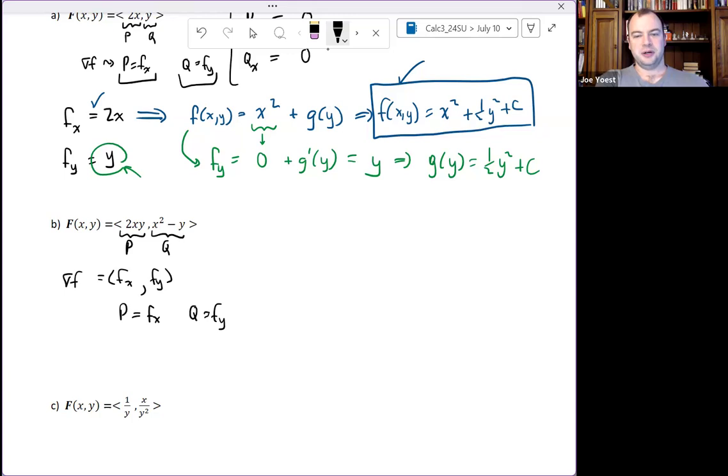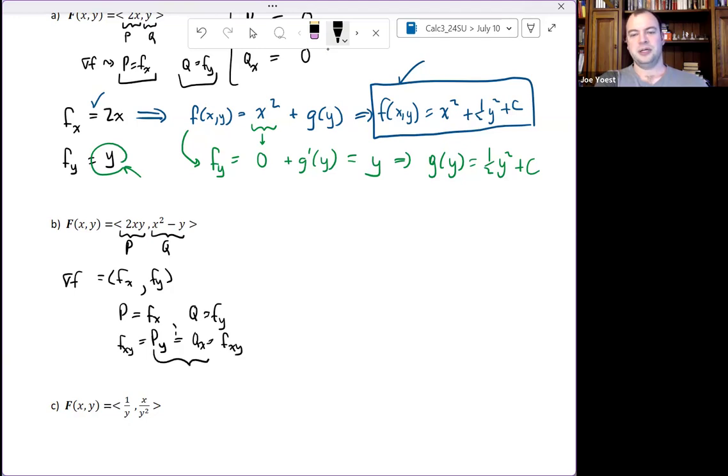So I'm interested in knowing, does Py, looking at fx, does Py, which is fxy, equal Qx, which is fxy again, so long as the function is nice enough that the mixed partials are equivalent.